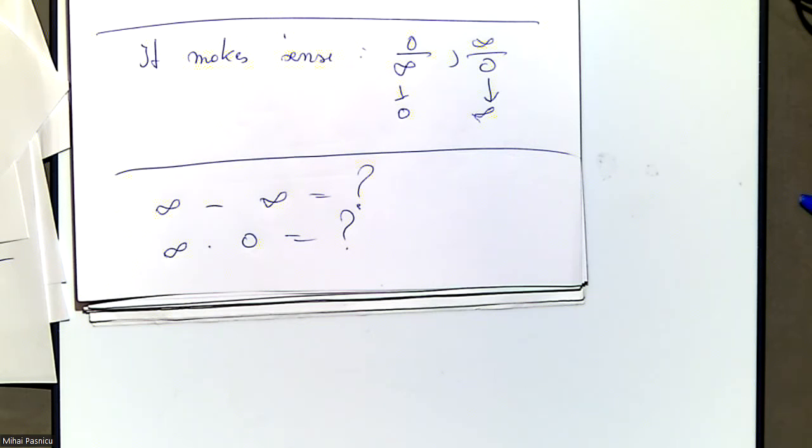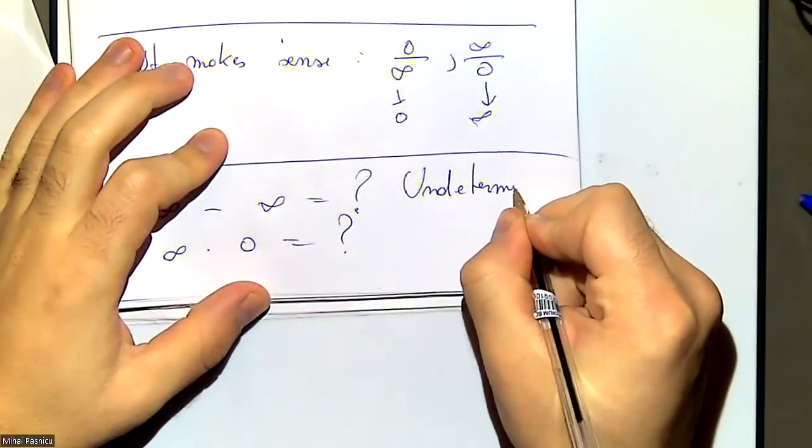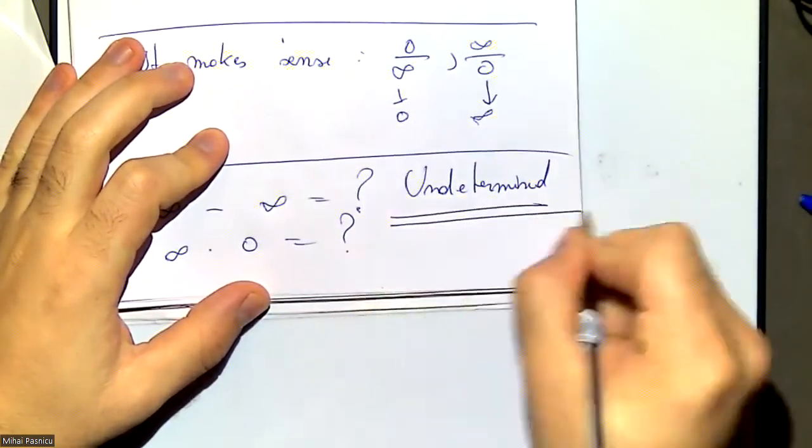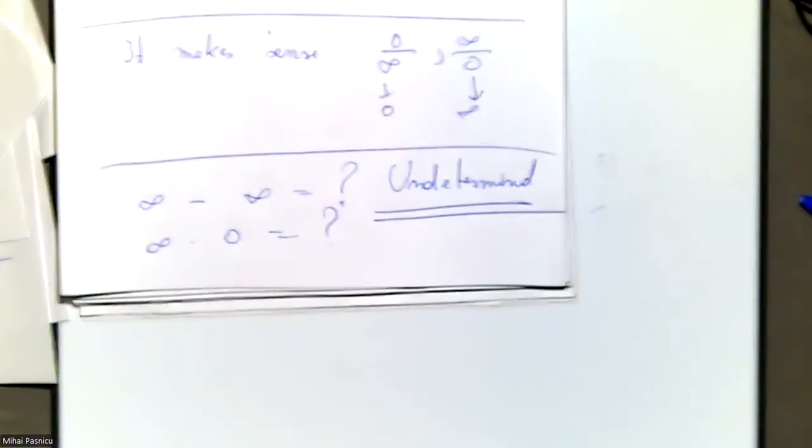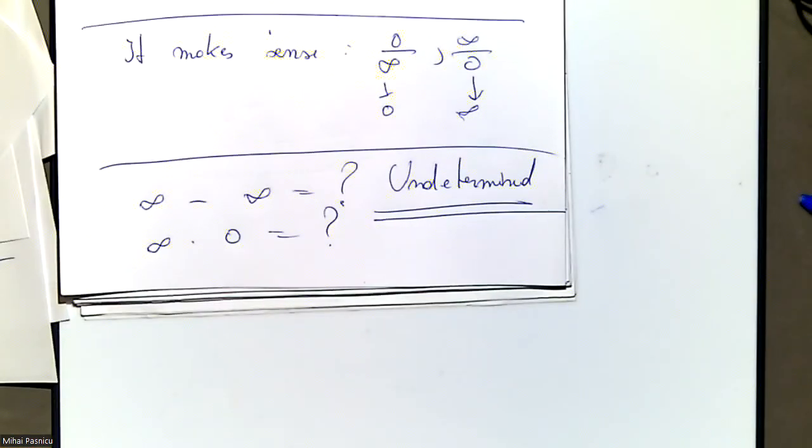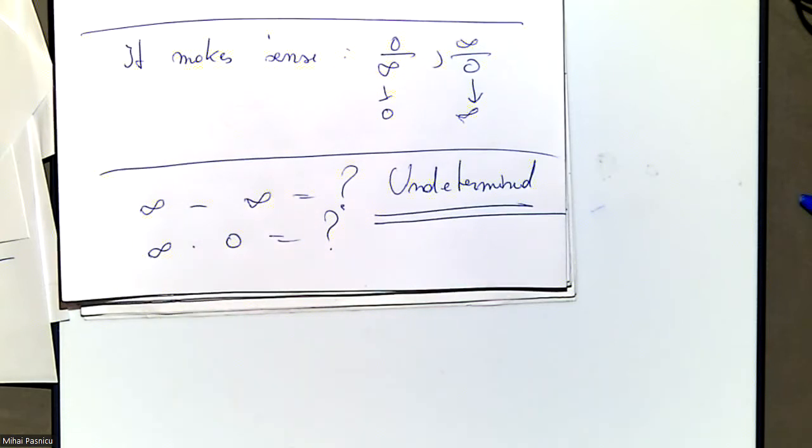That's a great answer. It's undetermined. These cases, you don't know. Infinity minus infinity is not equal to infinity or 0 or whatever you're going to think of. In reality, infinity minus infinity can be equal to any number you want, depending on the function. Same for infinity times 0.